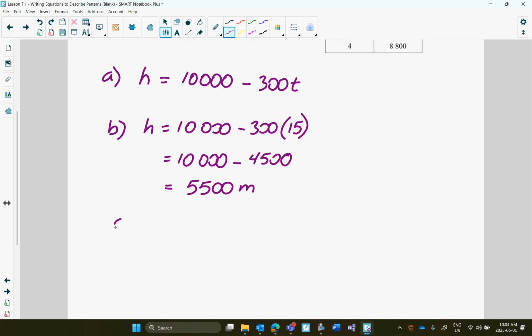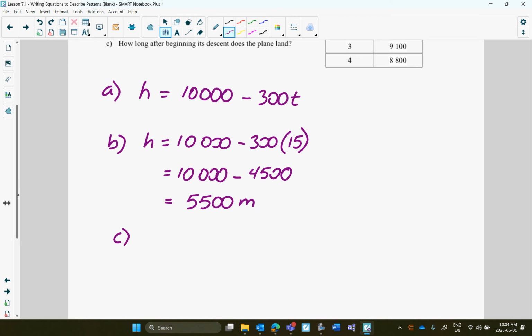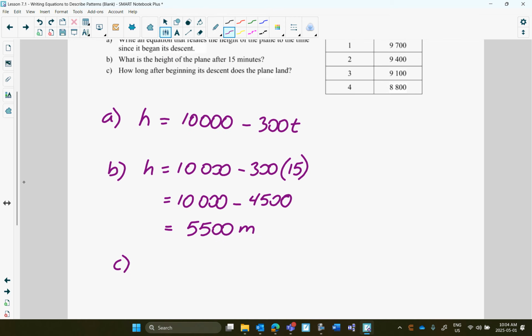You could also be asked a question like C. Notice this time, we're asked to find t because it says how long. How long after beginning its descent will it land? Well, when the plane lands, what's the height of the plane? 0.